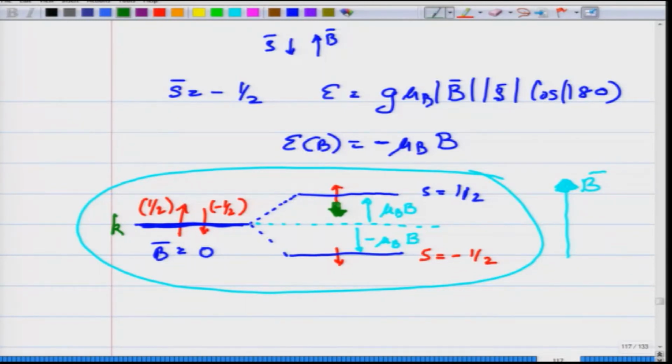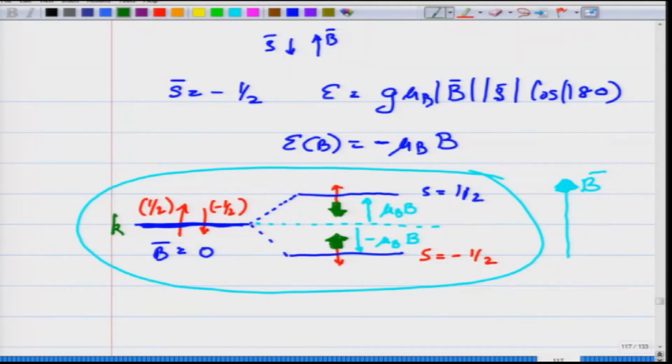For the spin half particle, the magnetic moment is opposite to the direction of the magnetic field, it has a higher energy, and for the spin down particle, this is the direction of the magnetic moment, which is in the direction of the magnetic field. So it is parallel. So the magnetic moment which I have shown you here as dark green, for the spin minus half, is actually parallel to the direction of the magnetic field, and it has lower energy, as expected.